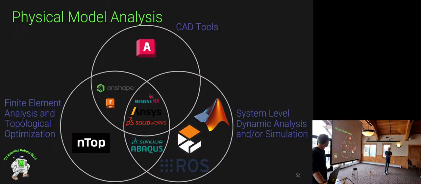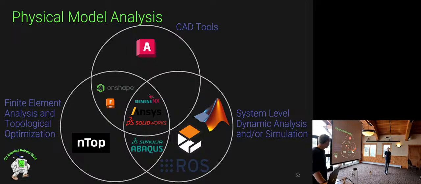And then this is comparing some different analysis tools that you might use. So we have CAD tools. There's also finite element analysis and topology optimization, if you want to optimize your designs, reduce weight, something like that, or if you want to look at system level dynamic analysis. Somebody was talking about ROS and Gazebo yesterday in the industry thing.